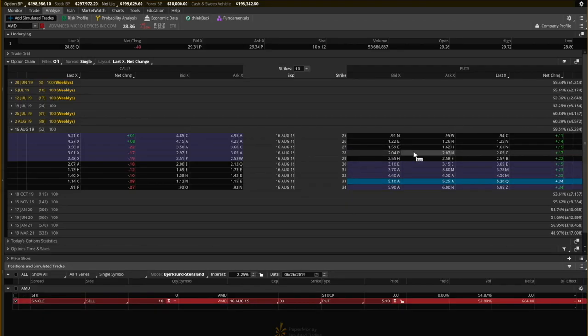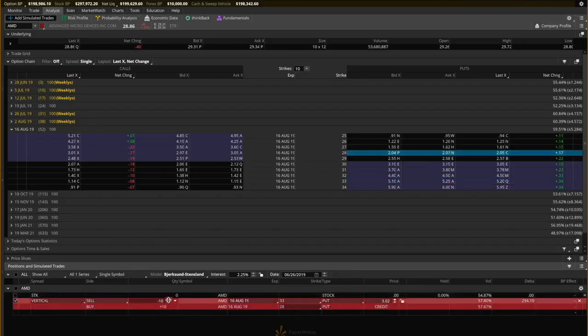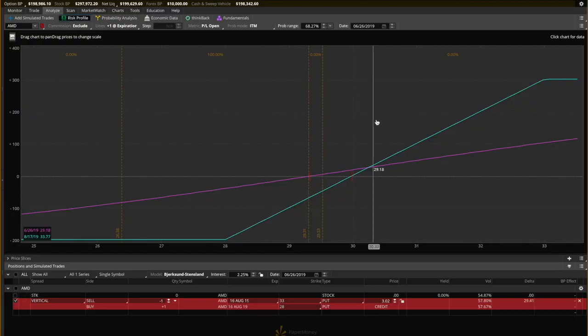So sell a higher in the money put and buy an out of the money put. So I'm going to buy this $207 put. And that puts us, let me go ahead and drop this down to 1, at a risk profile of a maximum gain of $302 and a maximum loss of $198.